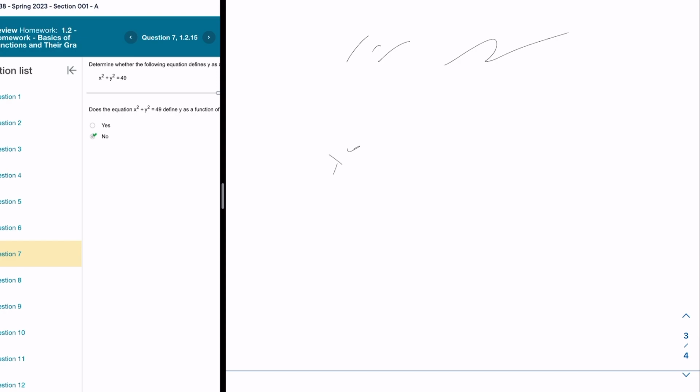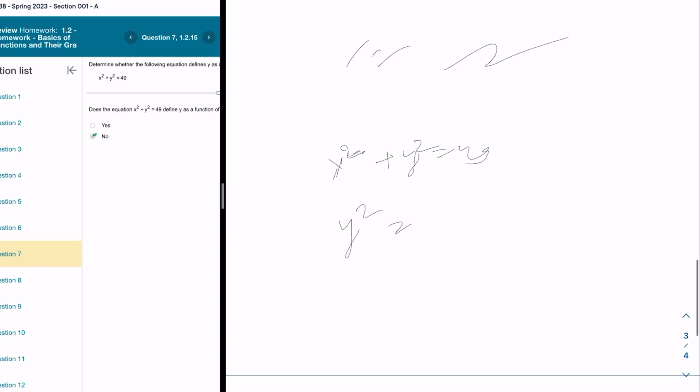x square plus y square equal to 49. First write in terms of x: y square equal to 49 minus x square. Okay, now here is the question. In the past we only had x with a single degree, but now we have a square. So let me give you a point.